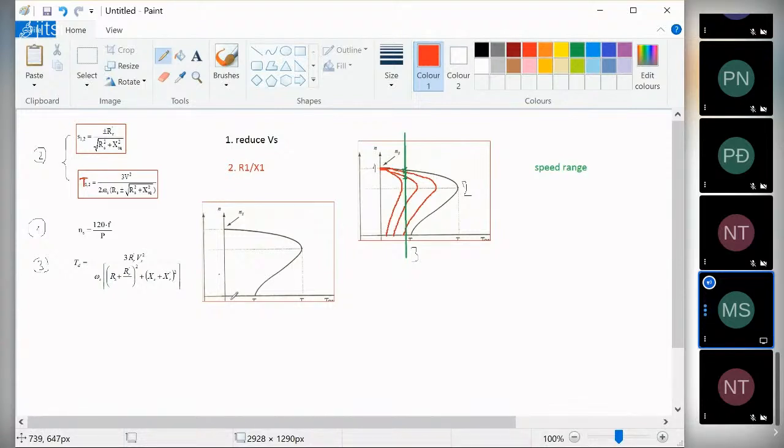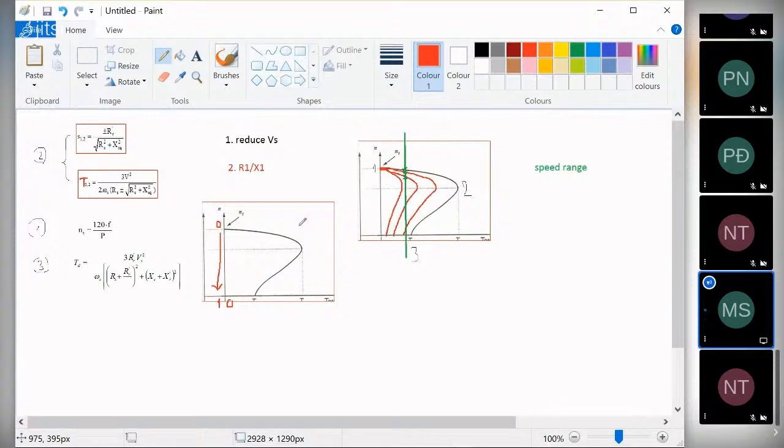Remember that on the horizontal axis, when the speed increases from 0 to synchronous speed, the slip reduces from 1 to 0. So will the top move up or down? Moving up, because the maximum slip is reduced.